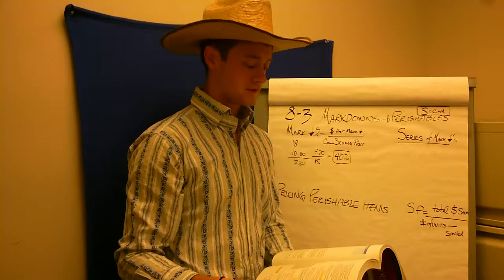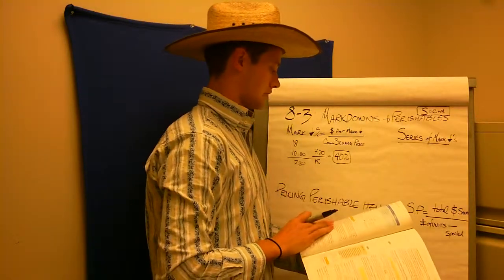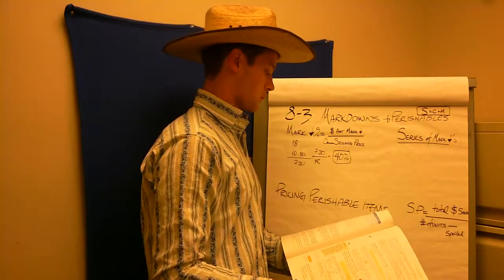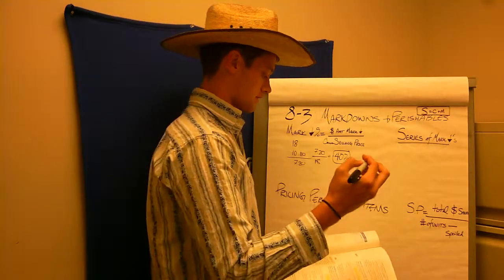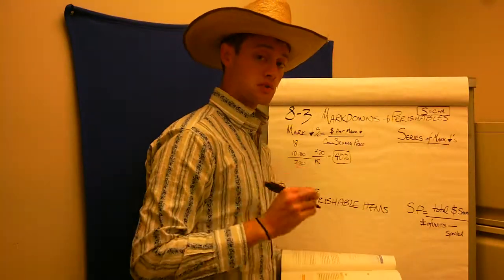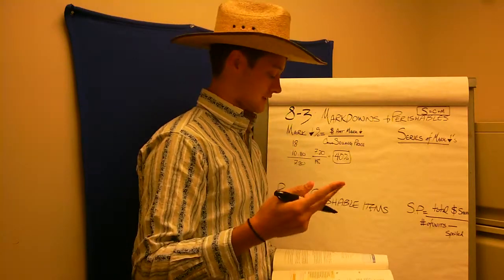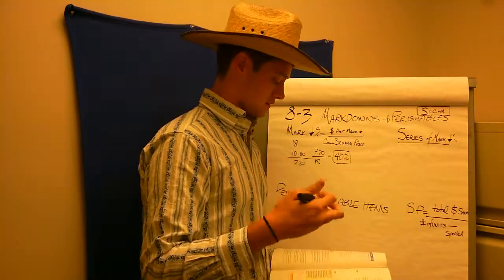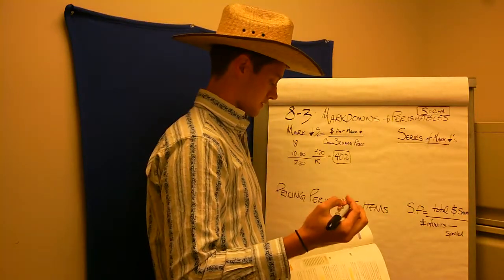That's an individual markdown. If we're going to look at a series of markdowns, let's look again at page 218, number 1. Sunshine Music bought a stereo for $800 and marked it up 30% on selling price. It's really important to pay attention to the difference between on selling price and on cost. This will show up quite a few times on the exam this Sunday that's due.